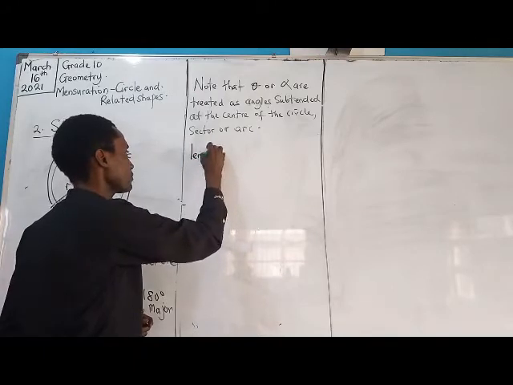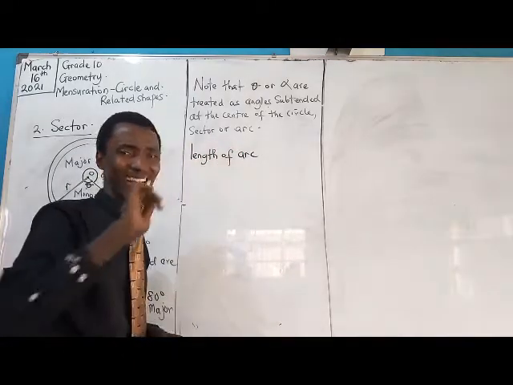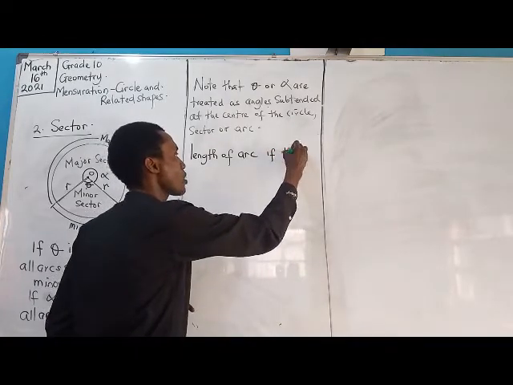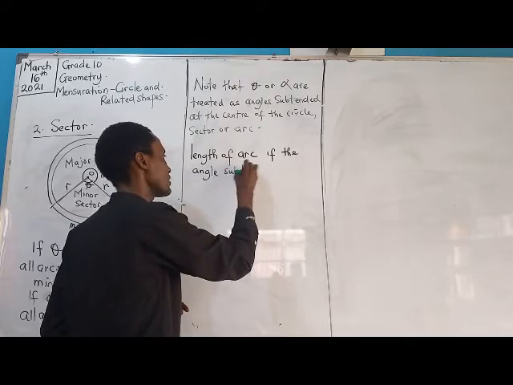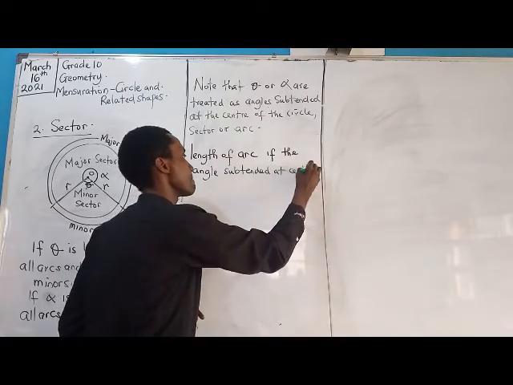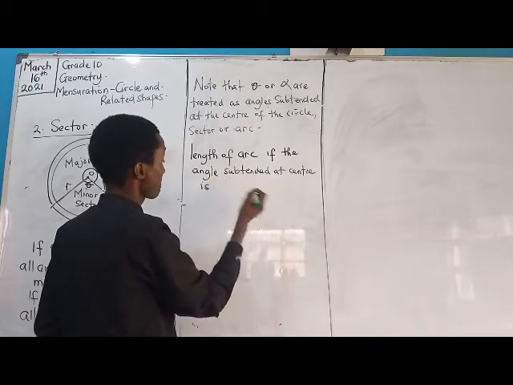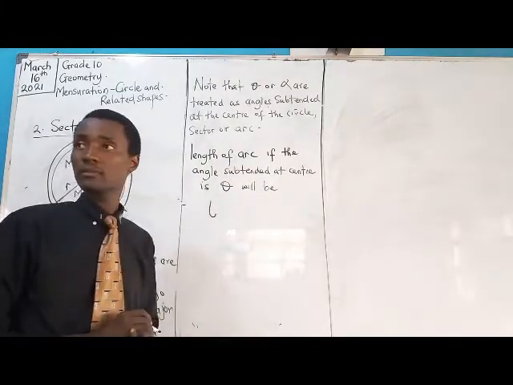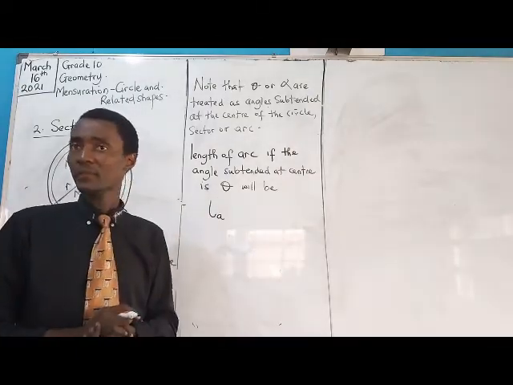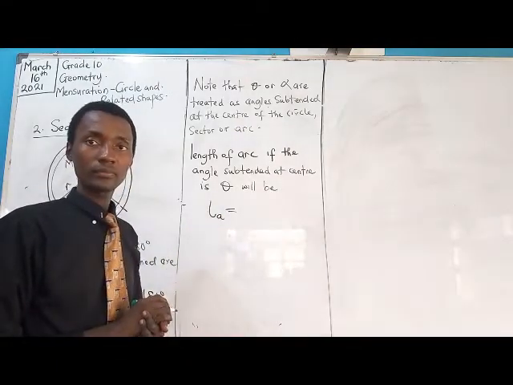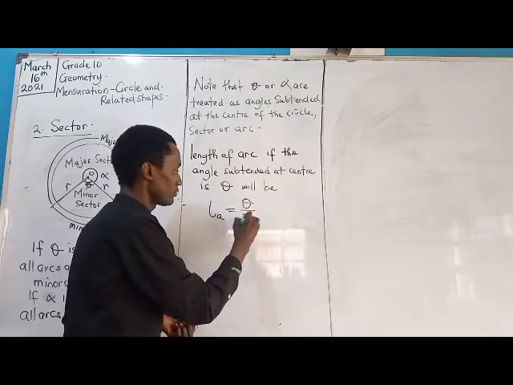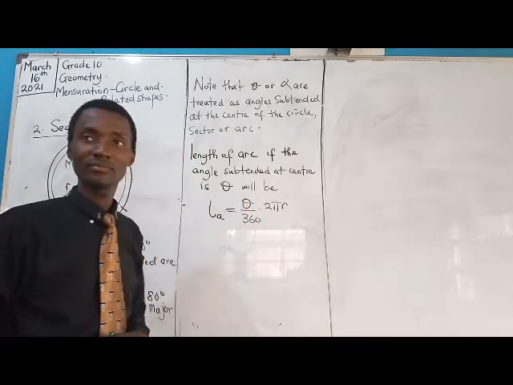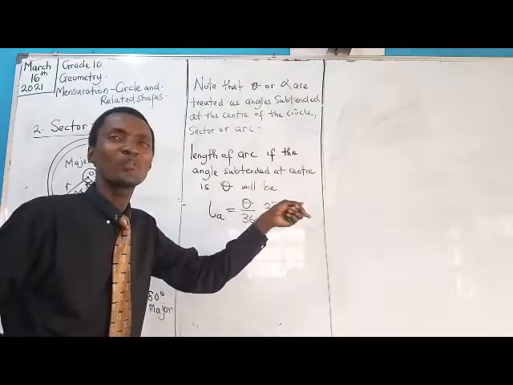The length of an arc, any arc at all, if the angle subtended at the center is theta, will be L_a, meaning length of arc, equal to a portion of the circle. We said that the length of the arc is a portion of the circumference of the circle.